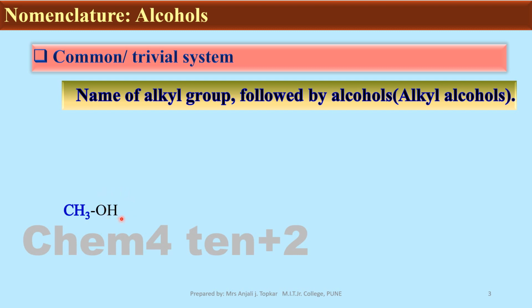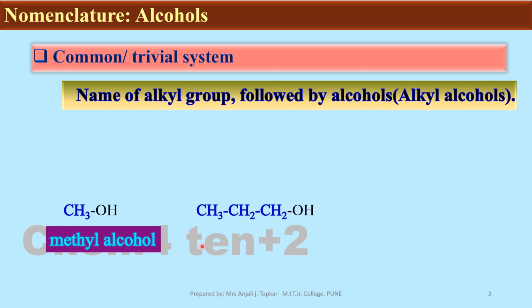So, in the common name system, to name the alcohol, first we have to write down the alkyl group followed by alcohol, indicated by OH. So, here the name of this alcohol is methyl alcohol.